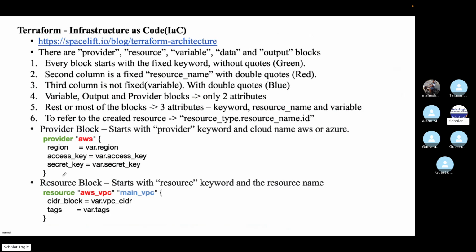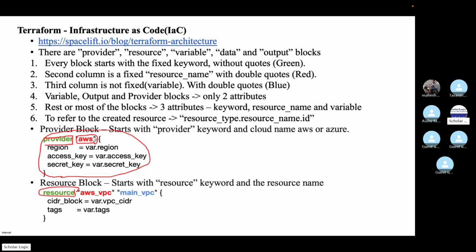Here I have given the provider block. This I already explained, and I have already shared the video for Terraform as well. So you can see that whatever is in the green is specific to Terraform. Whatever is there in the red color is specific to the cloud.